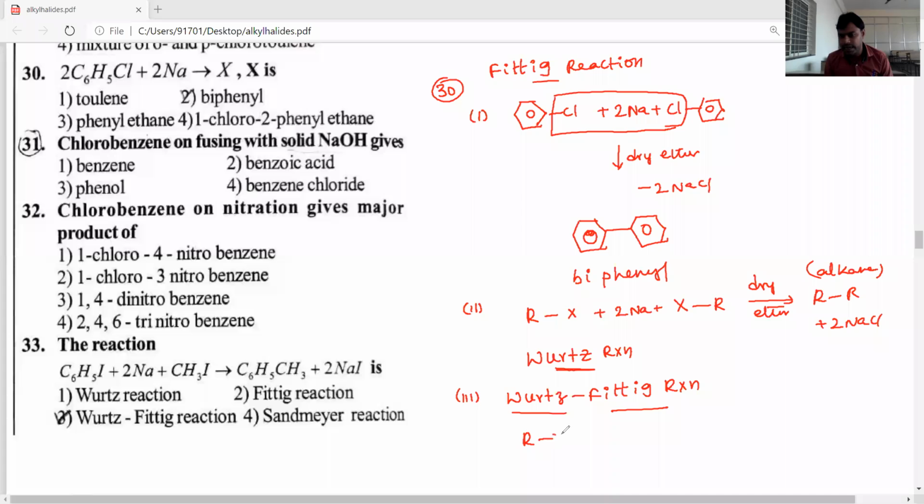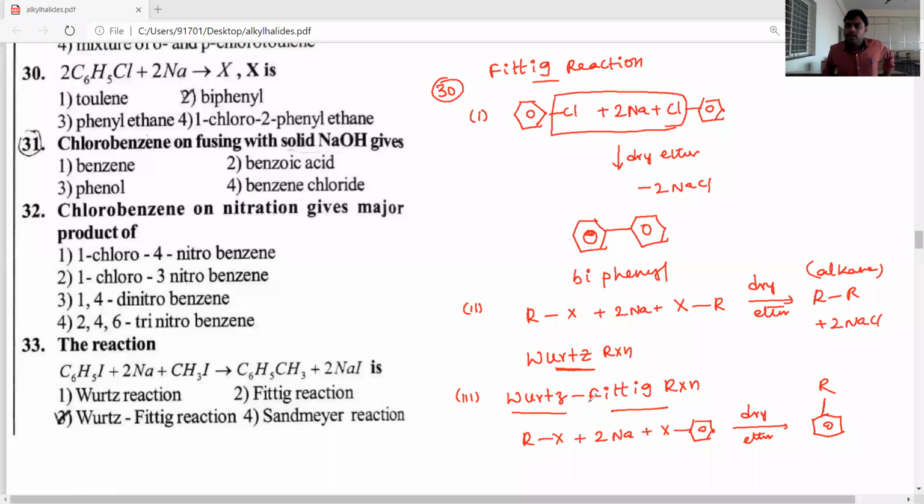Alkyl halide, RX, reacts with sodium metal and aryl halide in the presence of dry ether and forms alkyl benzene. If it is CH3, what is the product? Toluene we will get. So this is known as Wurtz-Fittig reaction.